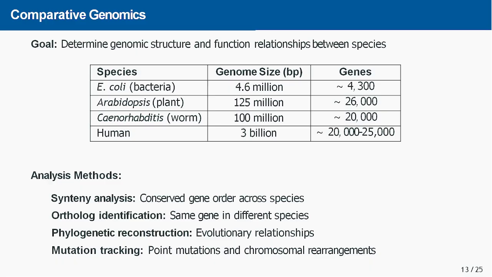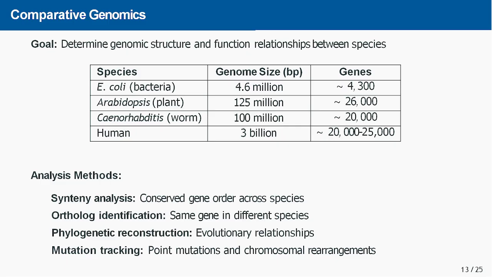And in comparative genomics, the goal is to determine genomic structure and function relationships between species. We have different species like E. coli, the bacterium Escherichia coli, then plant, then worm, then human being.